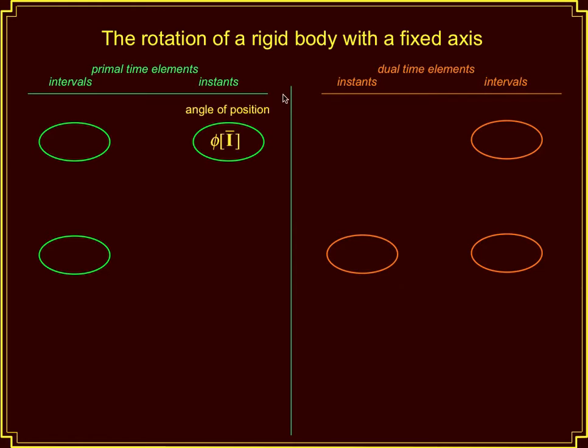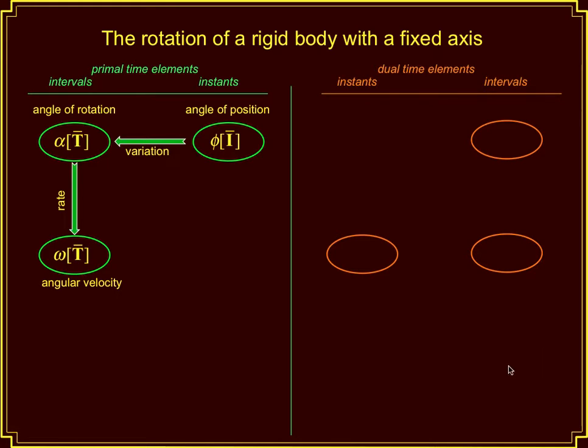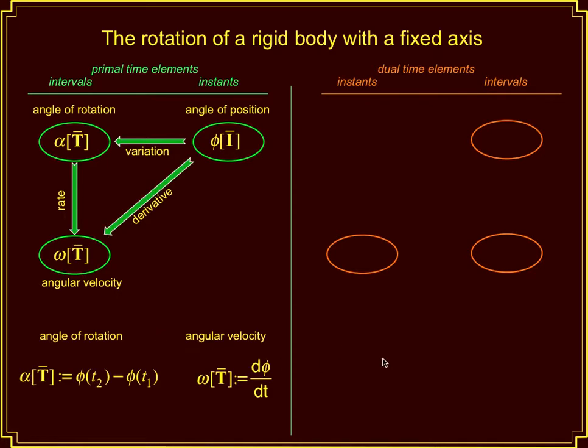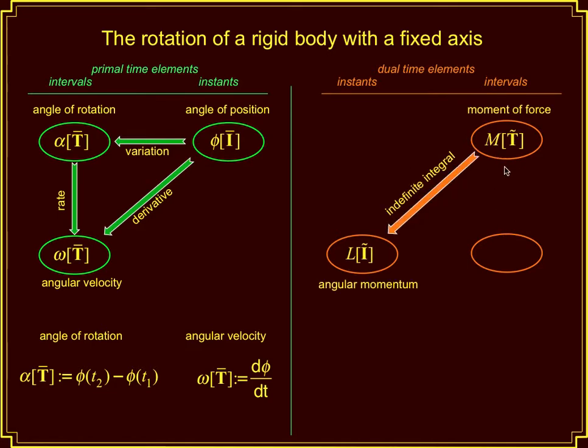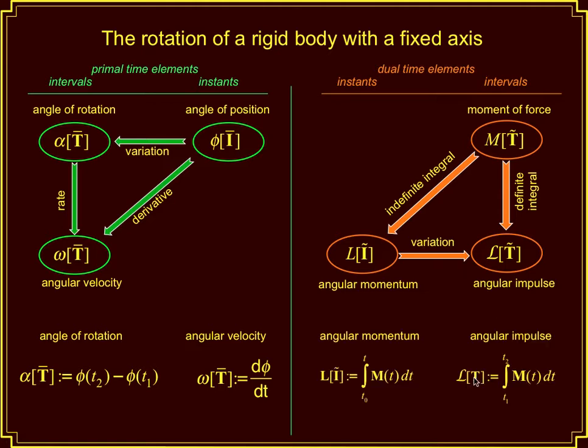Here we have the 6 main variables of the rotation of a rigid body with a fixed axis. The diagram is similar, and here you have angle of rotation and angular velocity. On the right side we have moment of a force, angular momentum and angular impulse, linked by definite integral.